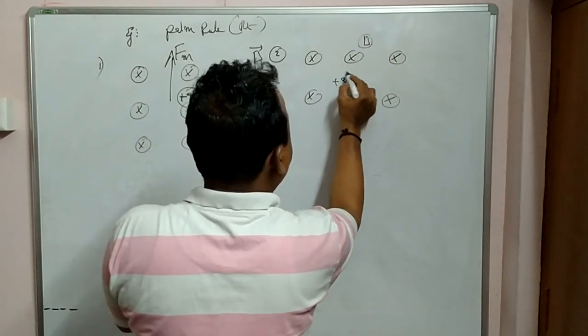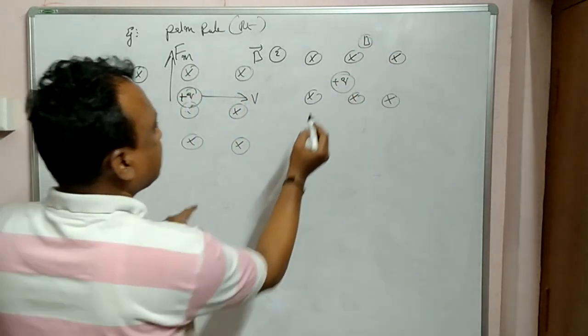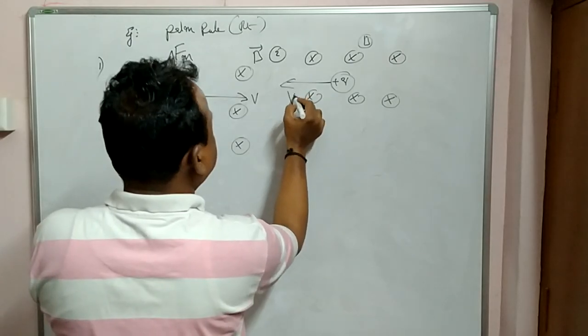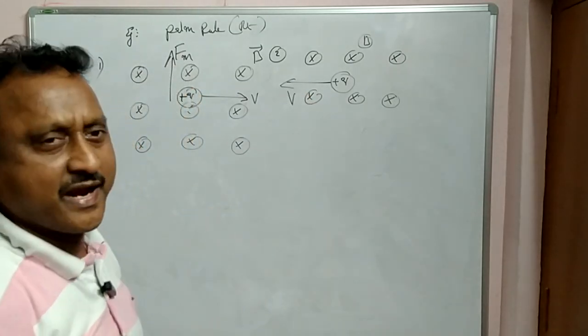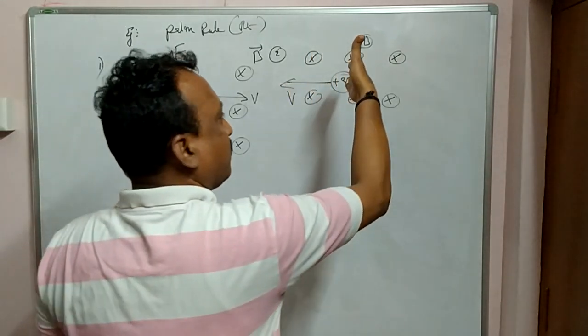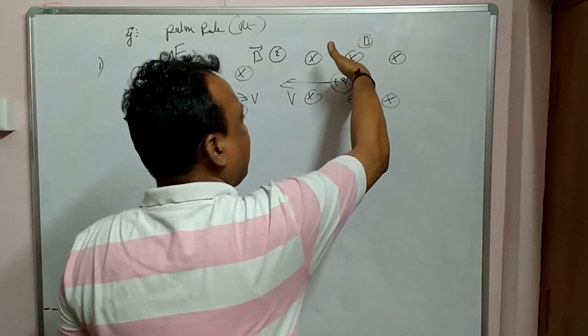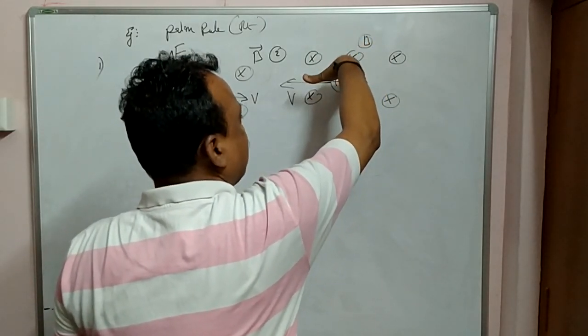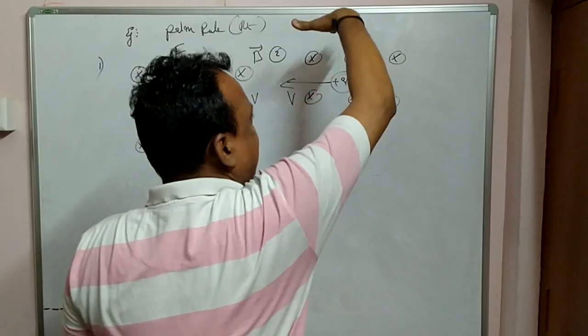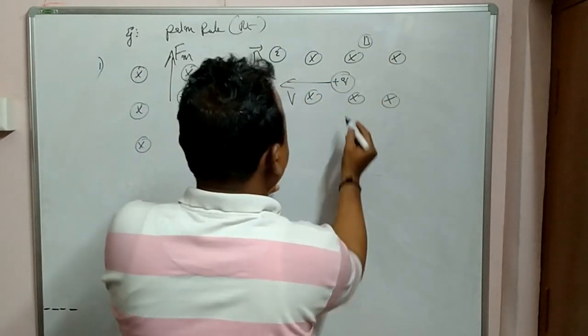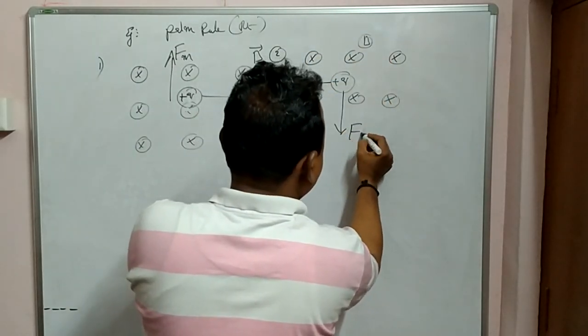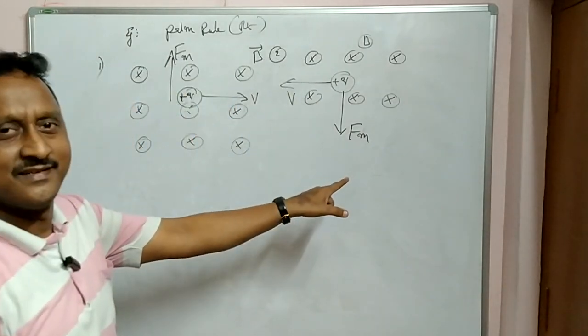Now the same positive charge, suppose now it is in this direction. Now how to find the magnetic force? See, again the same. Put the fingers along the direction of the magnetic field. This is the direction of the positive charge and the palm is indicating downwards. So here the magnetic force is in the downward direction.